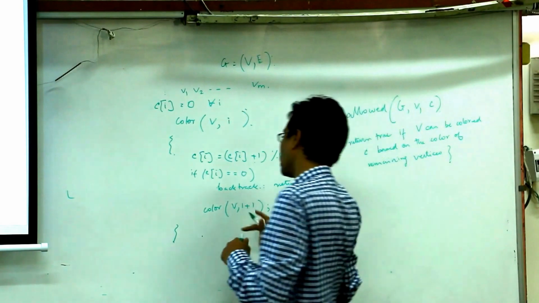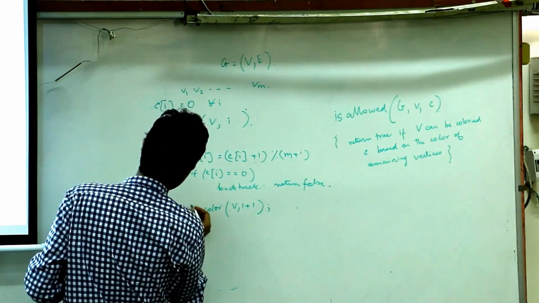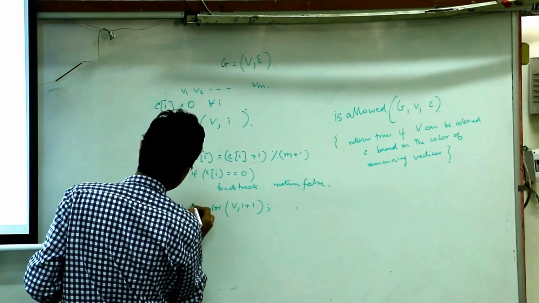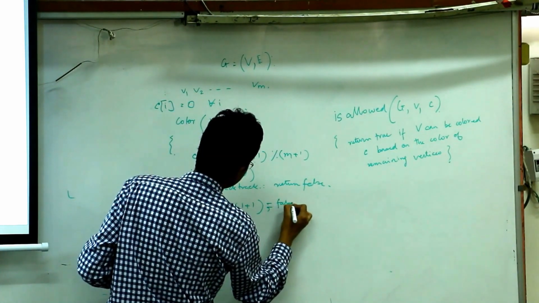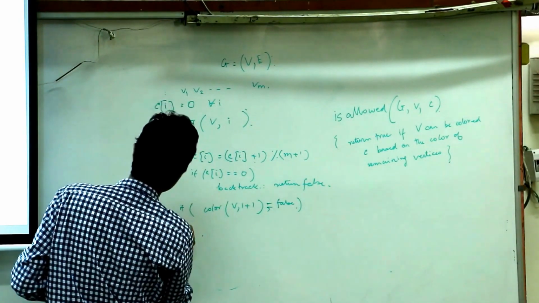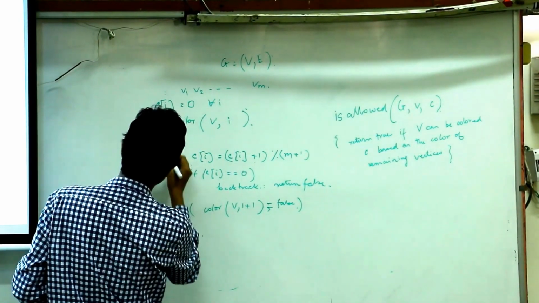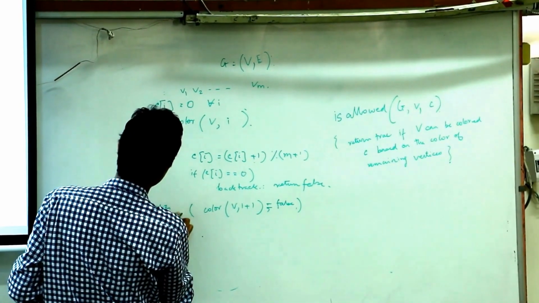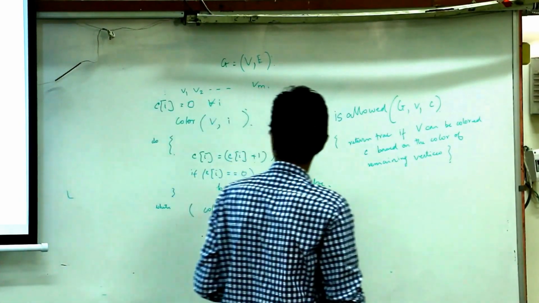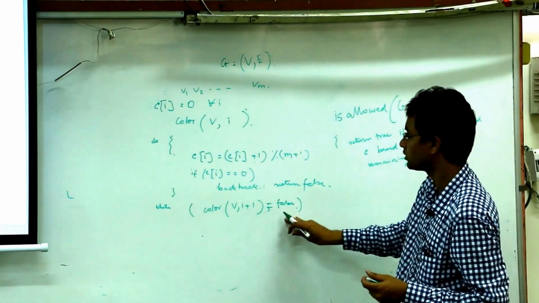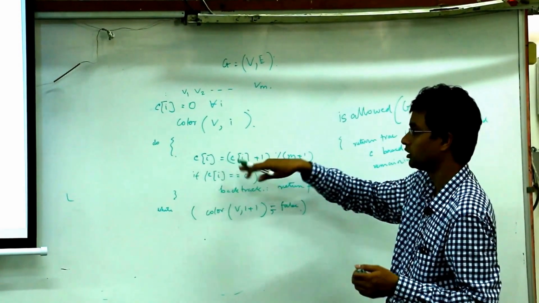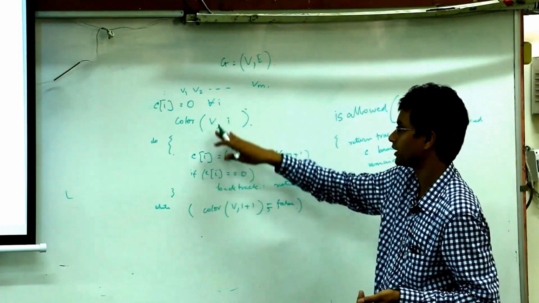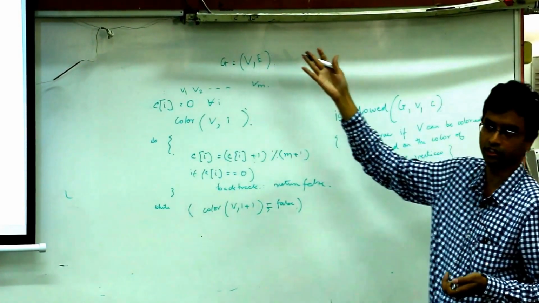If this is false, then you go back and try the next color for Ci, and continue till you get any color, or if you get back to 0, then you have to go back to the previous step.